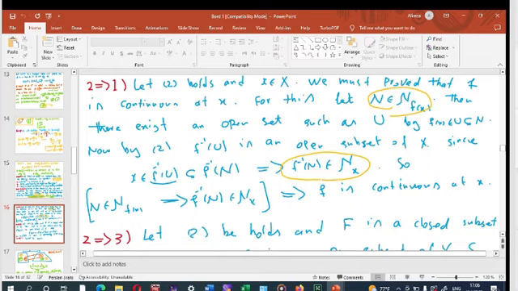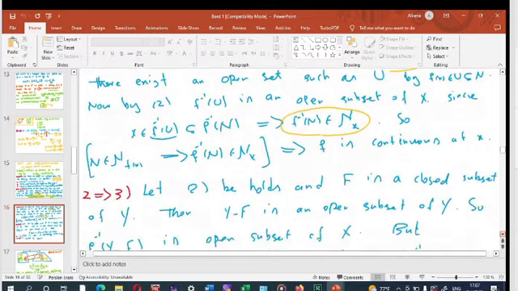By 2, the inverse image of U is an open subset of X. Since x belongs to this set, and this is a subset of the inverse image of N, the inverse image of N is a neighborhood. So f is continuous at x, and x is arbitrary, so f is continuous at any point in X.